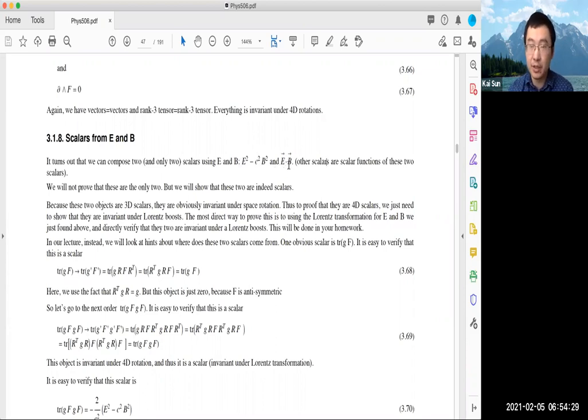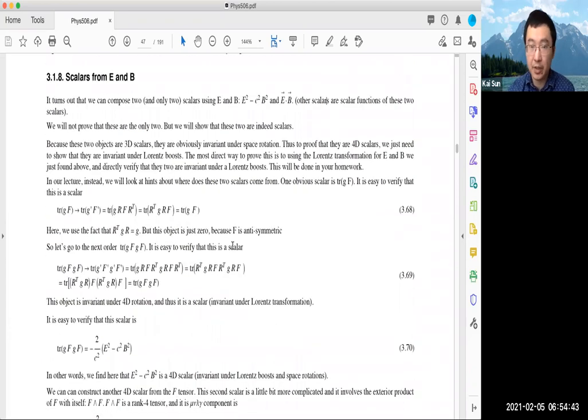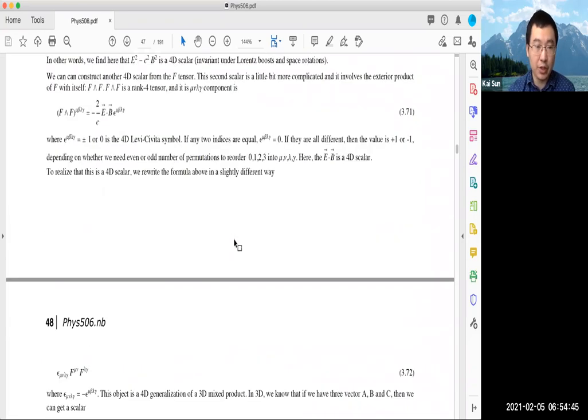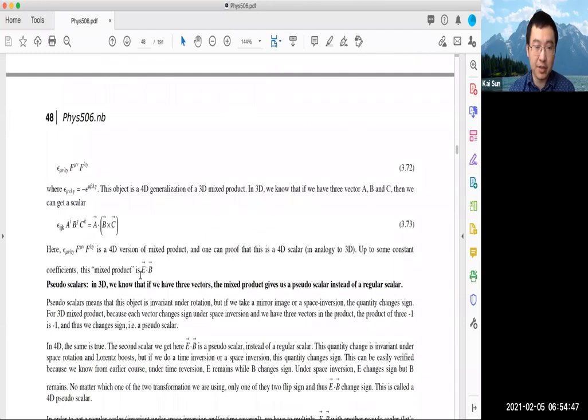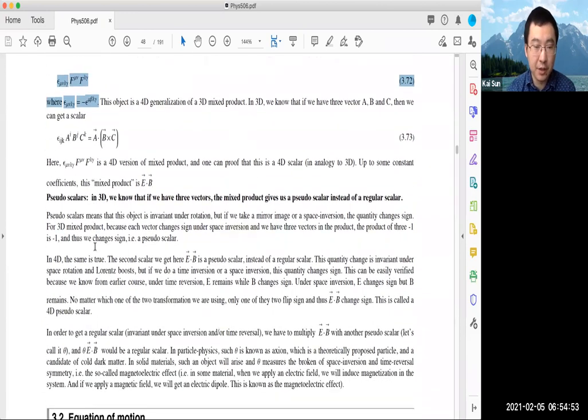But for E dot B, under time reversal, E remains, B flips sign, so the whole thing flips sign. E dot B changes sign under time reversal, and E dot B changes sign under space inversion, whereas the others don't. The fundamental reason is that this E dot B scalar comes from a 4D variant of the mixed product. So it changes sign. This is the pseudoscalar.